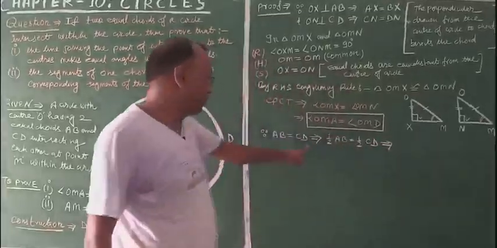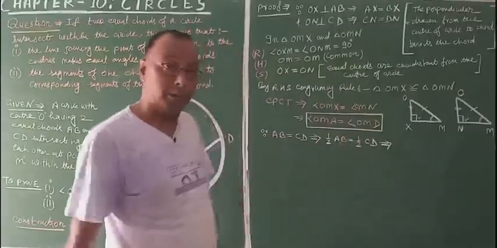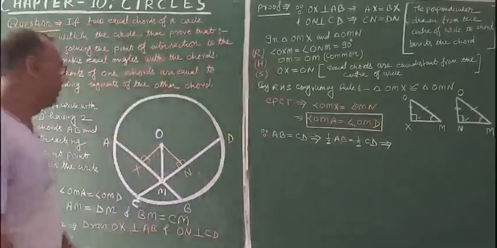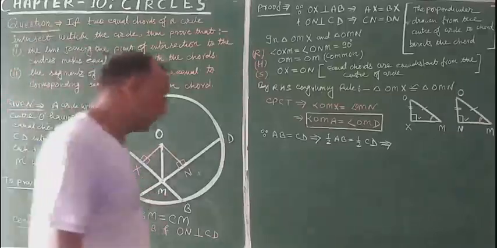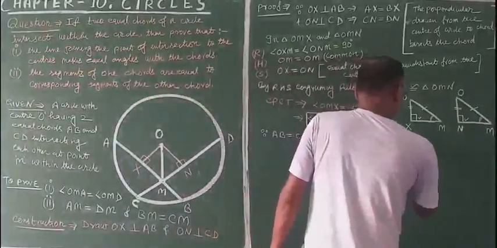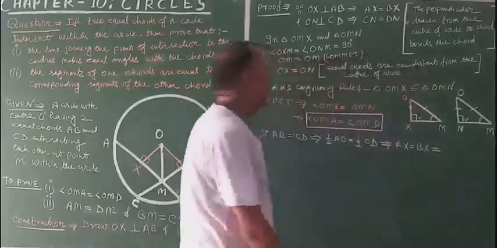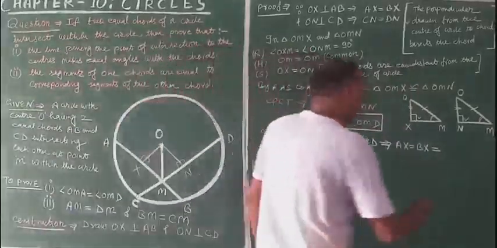If AB is equal to CD, then half of AB will be equal to half of CD. Half of AB, that is AX, is equal to BX, and is equal to half of CD, that is CN is equal to DN.